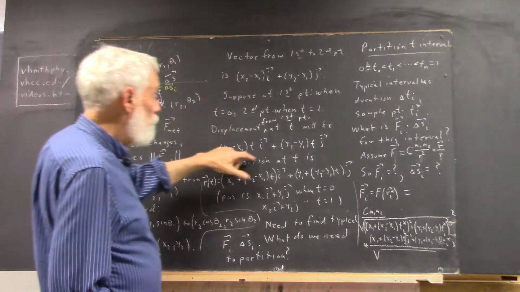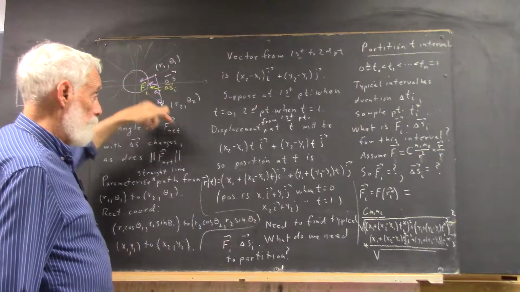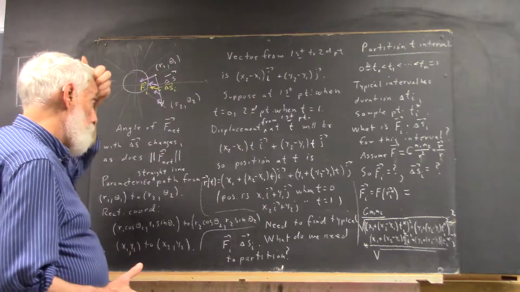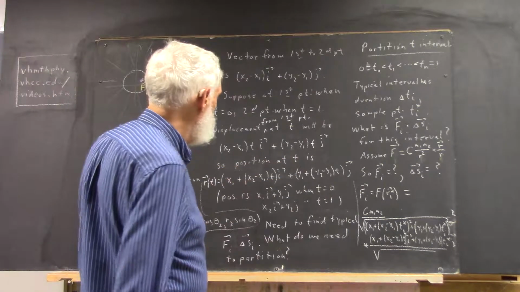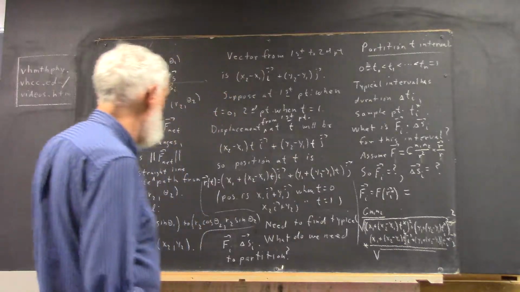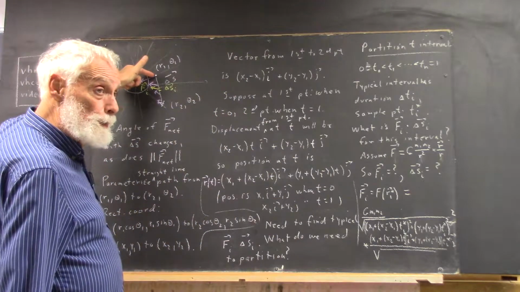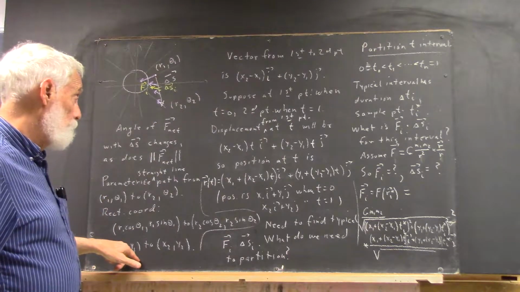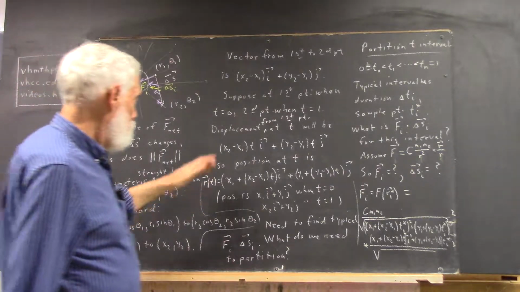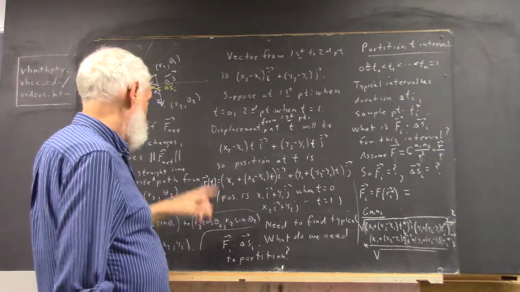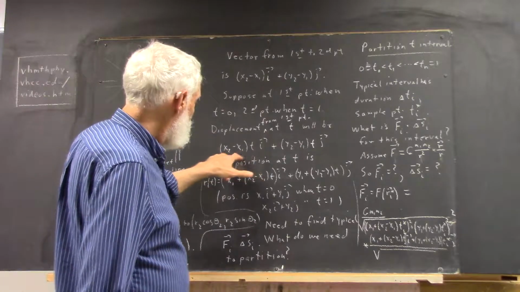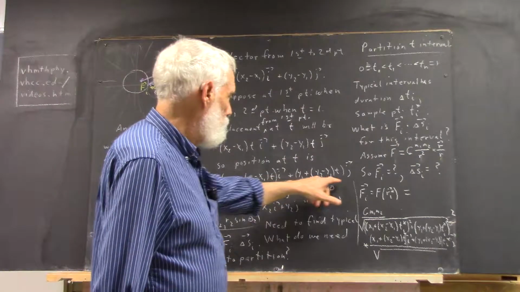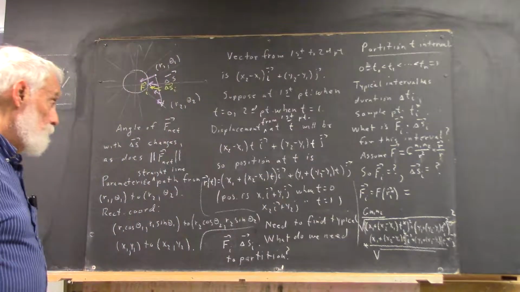And if t is 1, our displacement from our initial point is going to be the vector from here to here, so we'll be at our final point. So our position at t is going to be our displacement plus the coordinates of our initial point, which are x1, y1. So our i coordinate is going to be x1 plus (x2 minus x1) times t, times i, and then the corresponding expression times j.